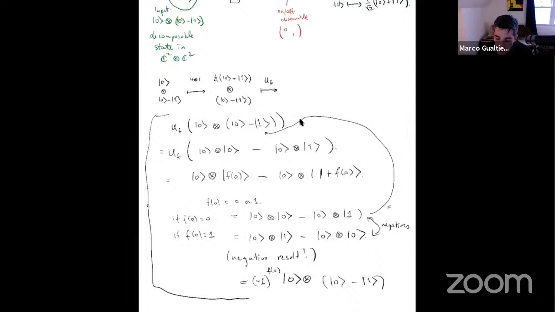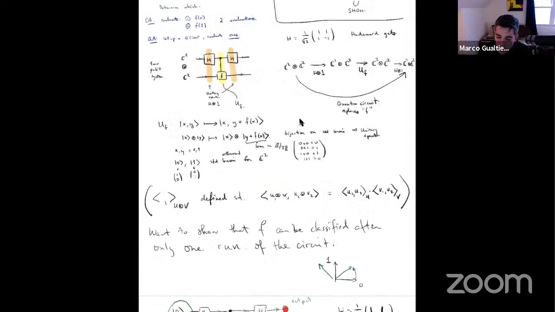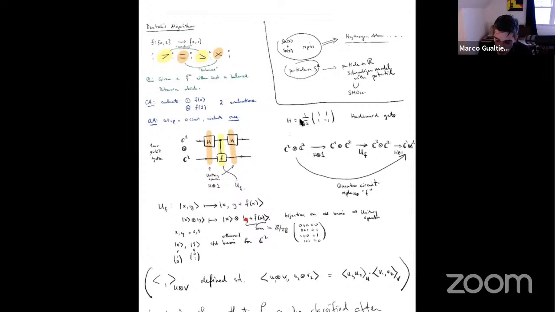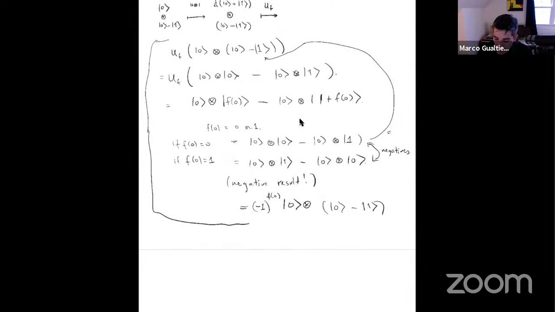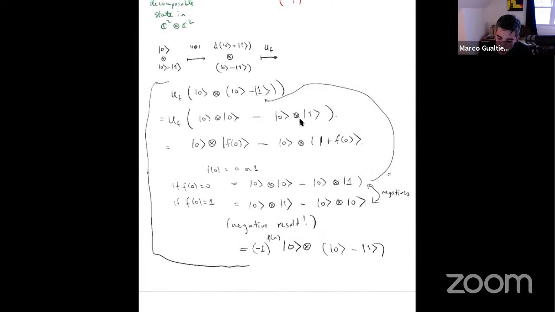what I would be doing is I would say, it says that I'm supposed to add to y the value of f on x, the value of f on the control. So this means that what would occur in this calculation would be f of 1. It would be exactly the same calculation, but this would be f of 1. And so what I would get is minus 1 to the f of 1.